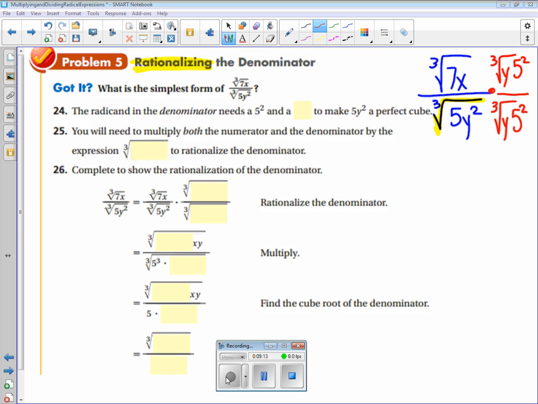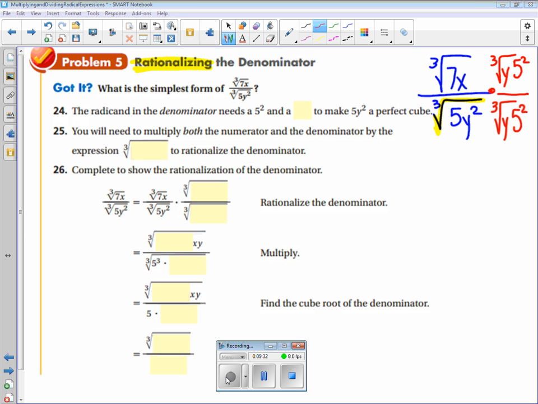Okay, I'm going to start over. Everyone, just listen. I'm trying to find a number or something to multiply both the numerator and the denominator by, because I'm trying to get rid of the radical.